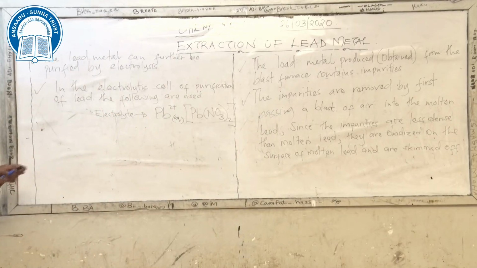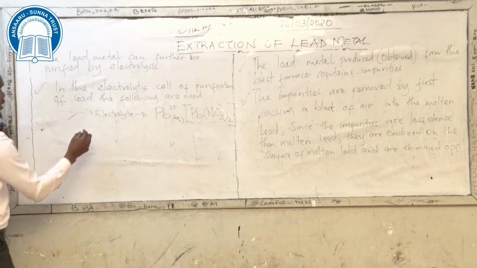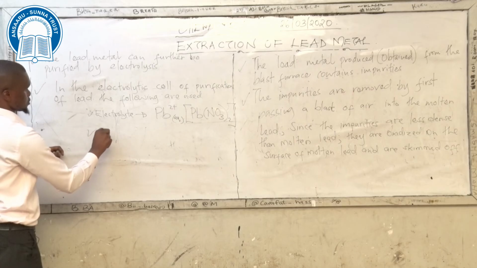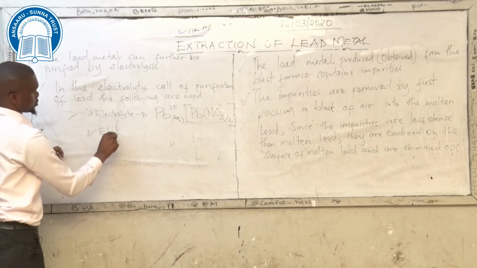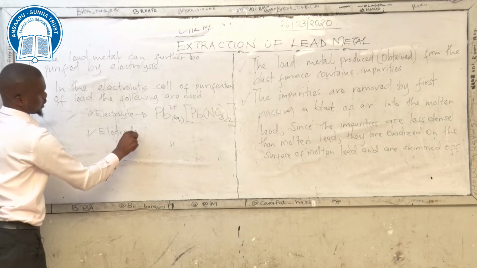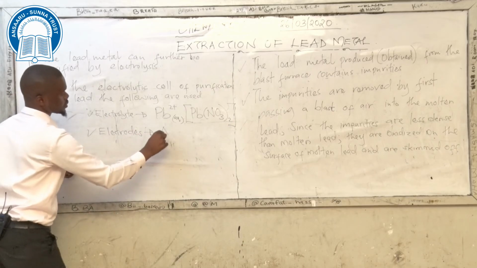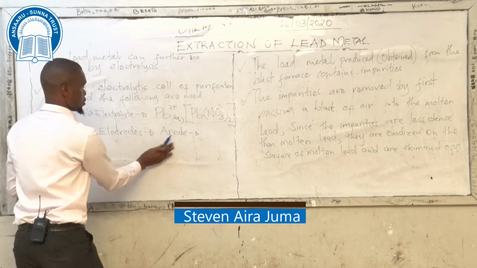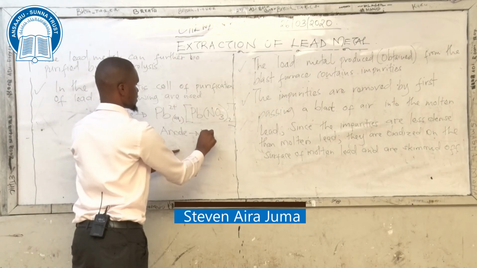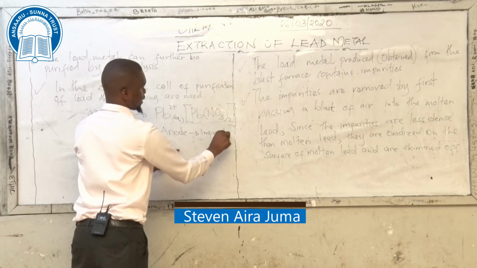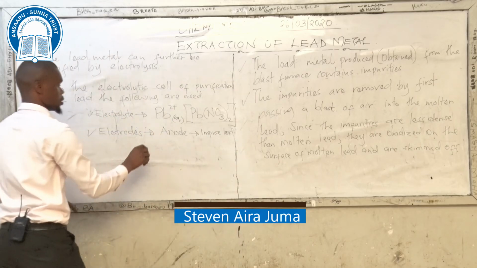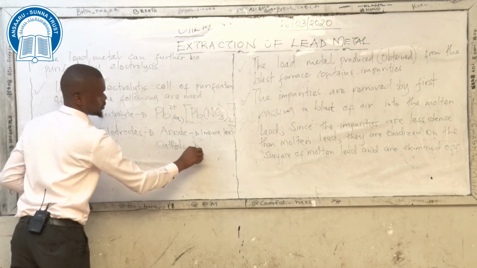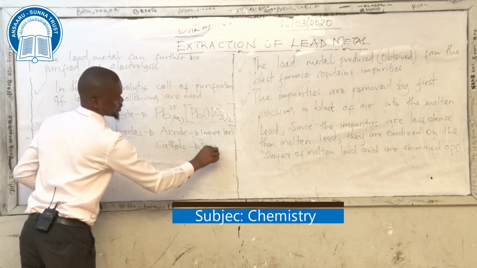The electrodes used: we have the anode made of the impure lead, and the cathode made of pure lead metal.